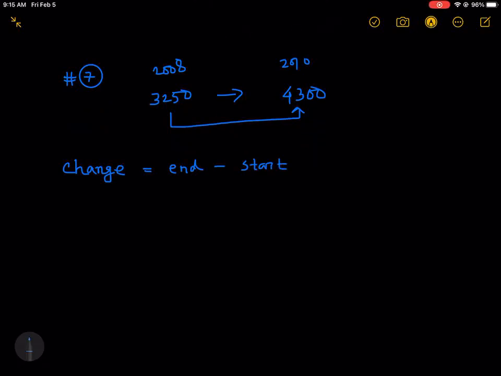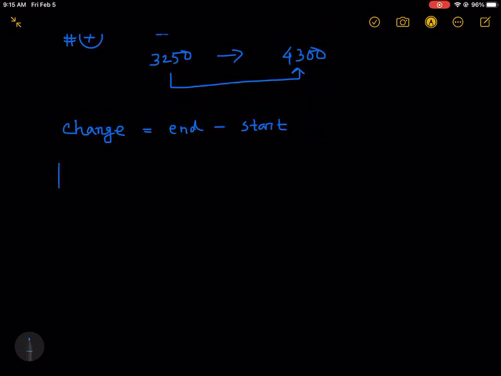But as we're looking for the absolute change, even if you change the order, you will get the same result. But we'll try to be consistent. So the absolute change of population: the ending value was 4300 minus 3250.